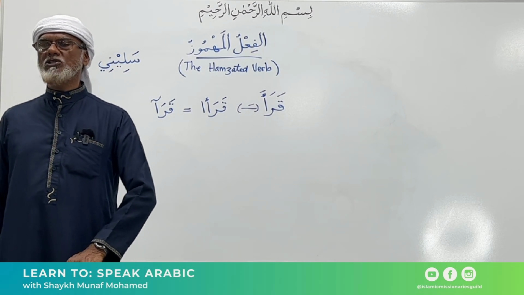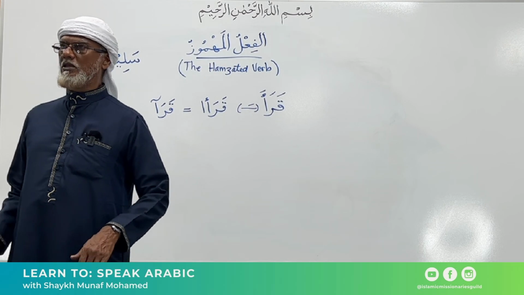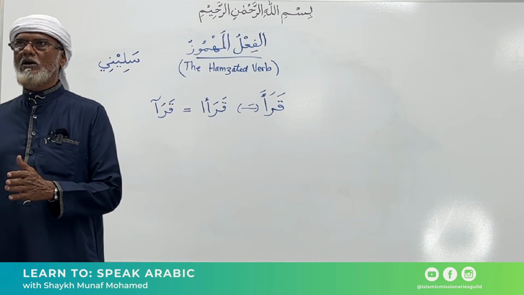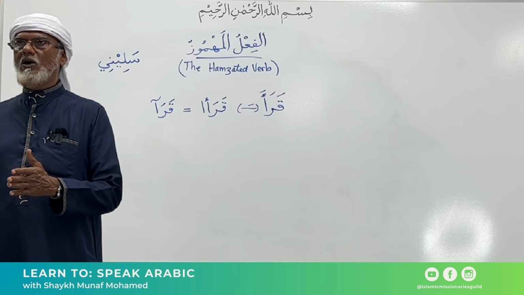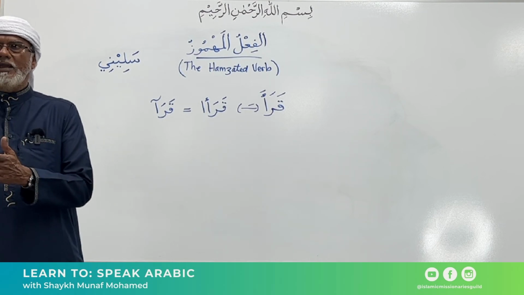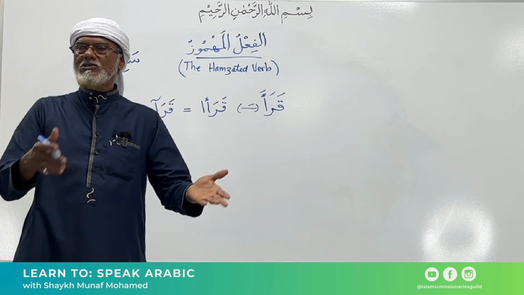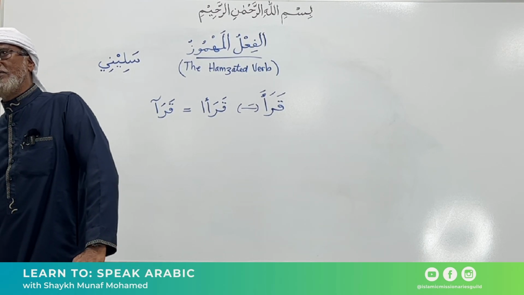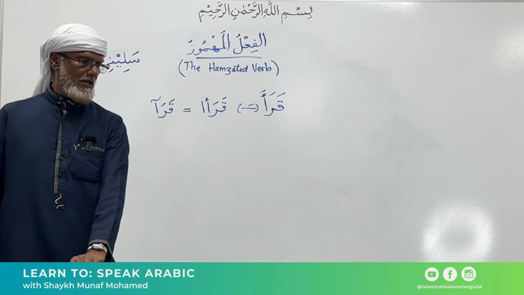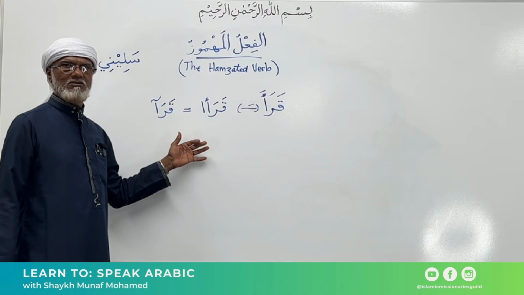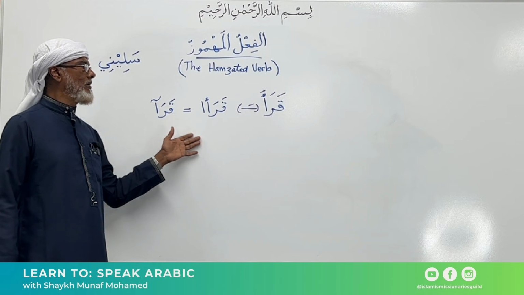But in as much as we are looking at the Hamzated verb, and we look at the verb beginning with a Hamza, and the Hamza in the middle, we also look at an example of the verb where the Hamza is the last. All right, but in terms of changes, there isn't any difference with this one.